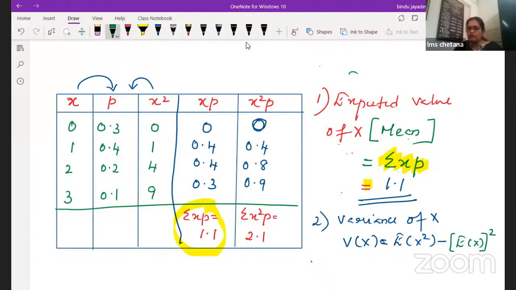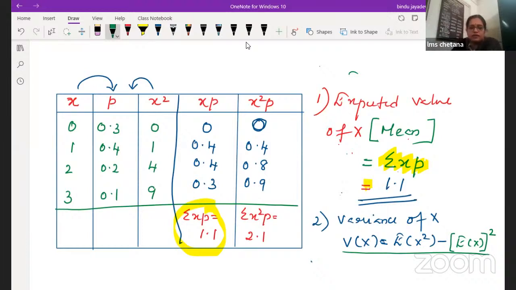Therefore, this is the formula for V of x. V of x is equal to E of x square minus E of x the whole square. Write and learn the formula. Expected value of x is sigma xp. Variance of x is E of x square minus E of x the whole square.